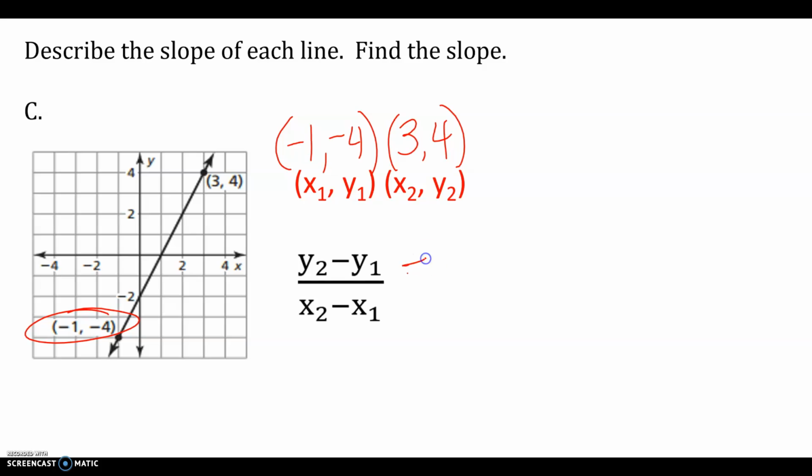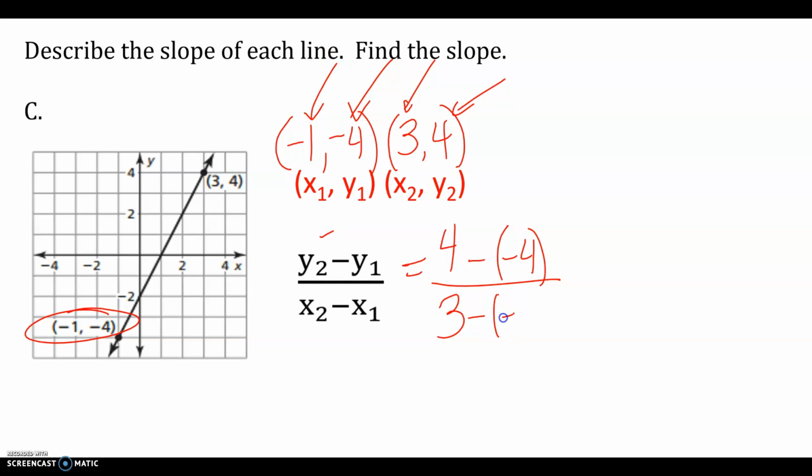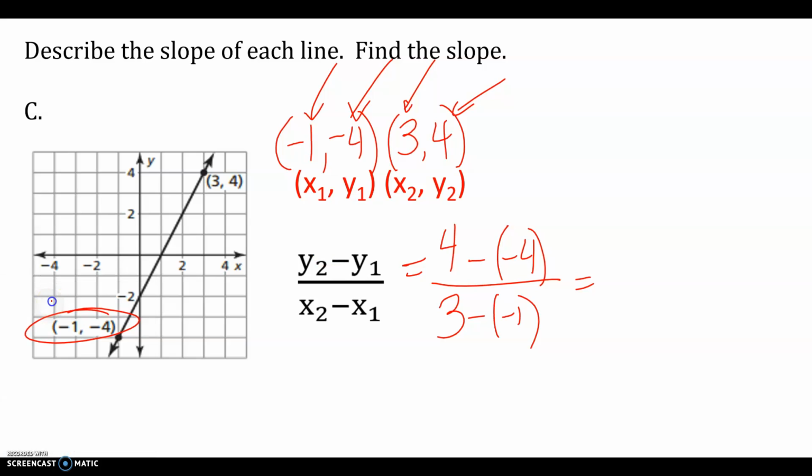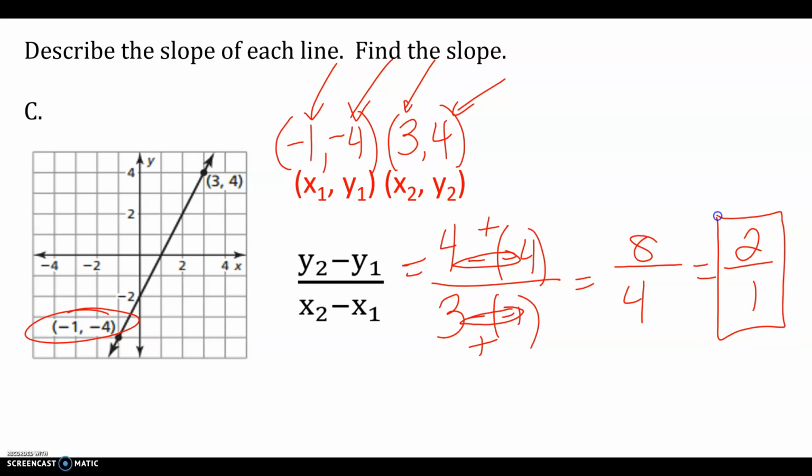Let's plug them in. y2 will be 4 minus y1, which is -4, over x2, which is 3, minus -1. Now keep simplifying. Negative, negative becomes positive. Negative, negative becomes positive. Oh, look, 2 over 1. Same thing we got before.